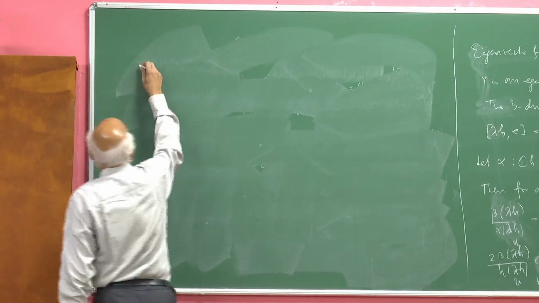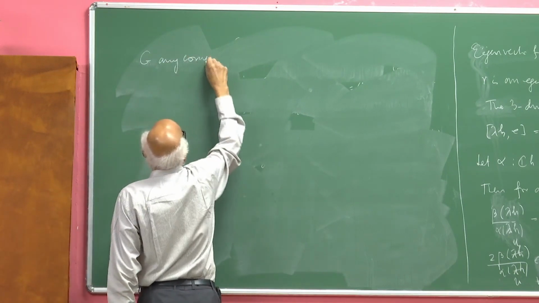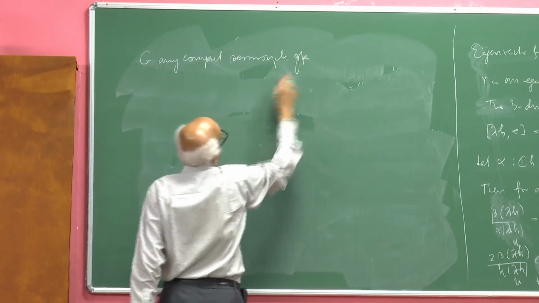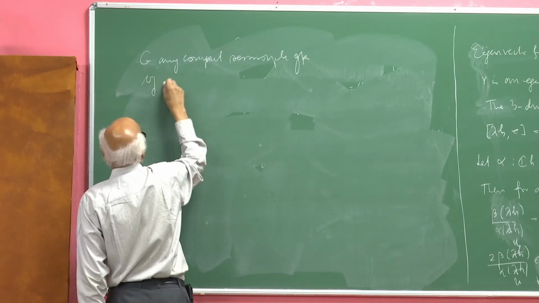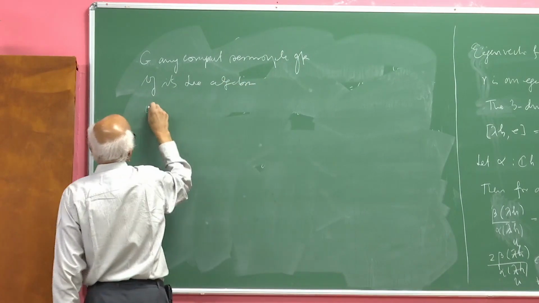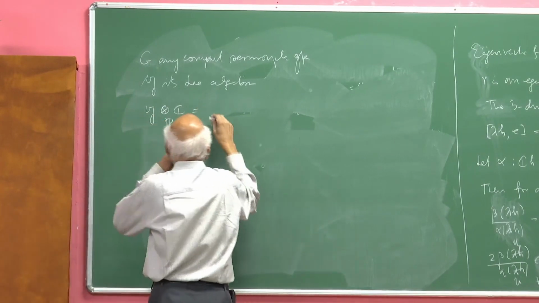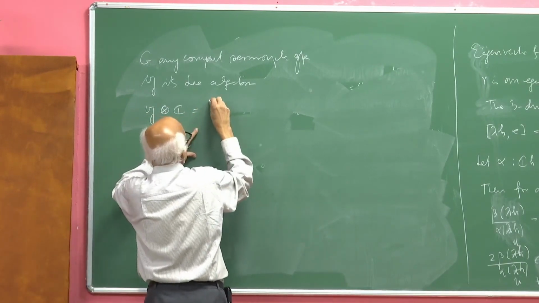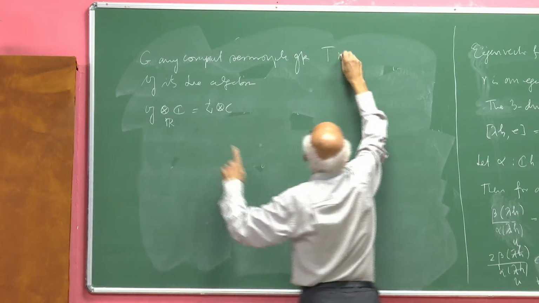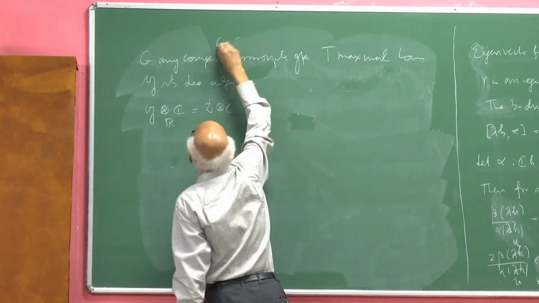Now, I take G to be any compact semi-simple group and G is Lie algebra. Then we know that G tensor with C over R decomposes as a direct sum of T tensor C, T maximal torus, compact connected. I always forget to say connected.